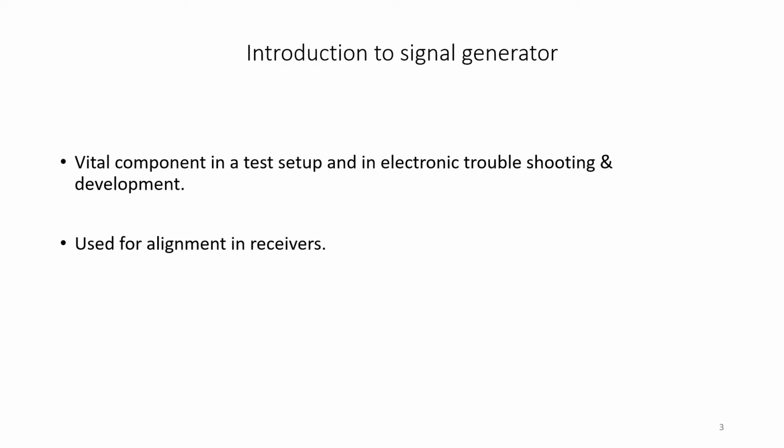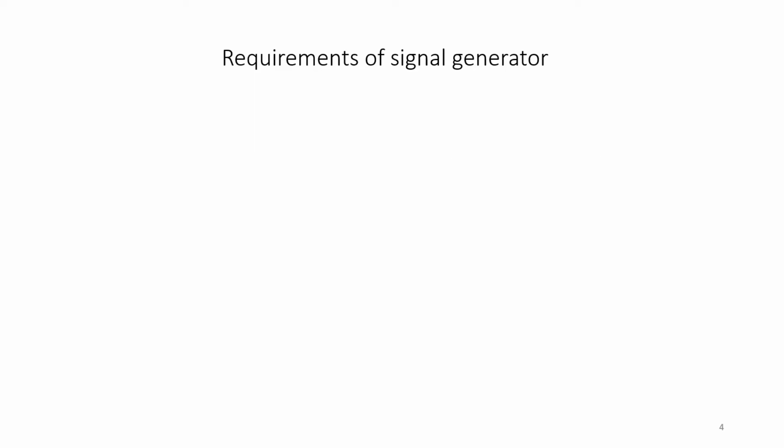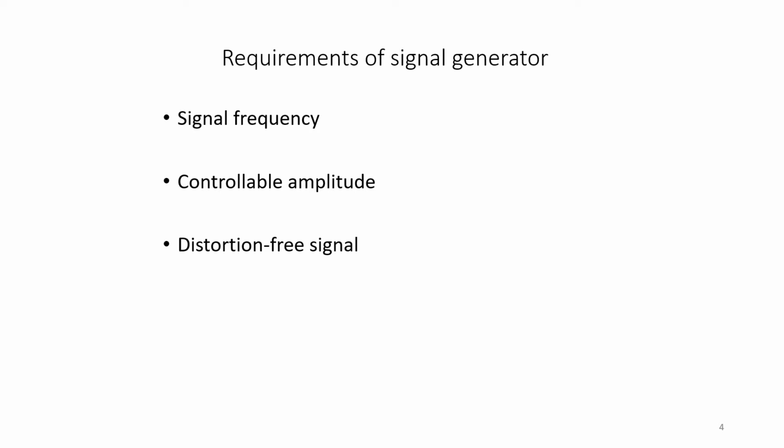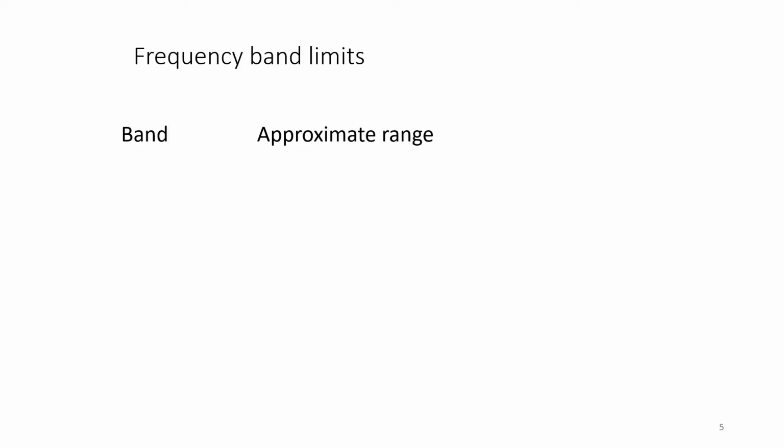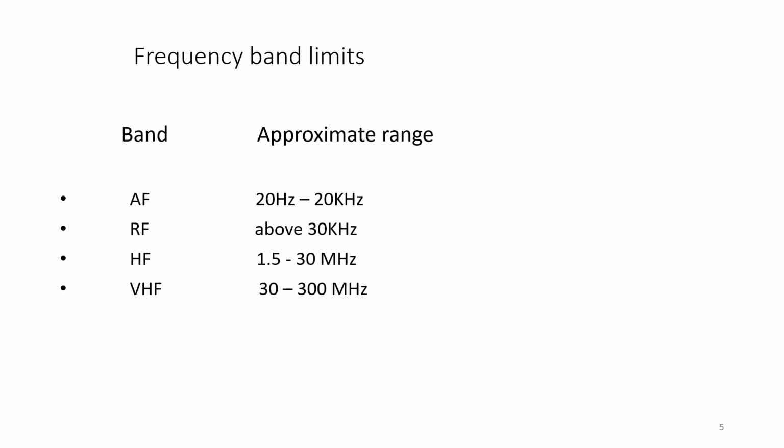It is used for alignment in receivers to check the gain of the amplifiers in receivers. So requirements of signal generators. You need a signal frequency, controllable amplitude, distortion free signal, and these are the different frequency bands.